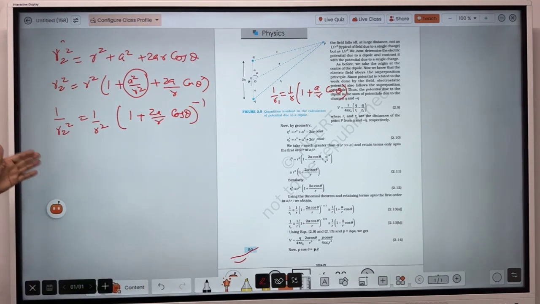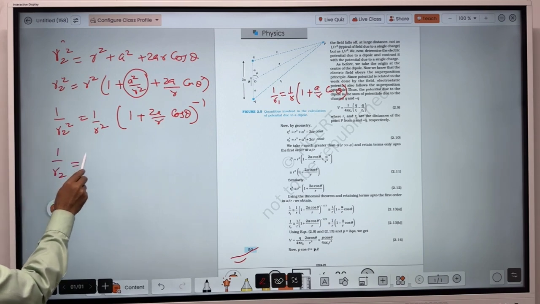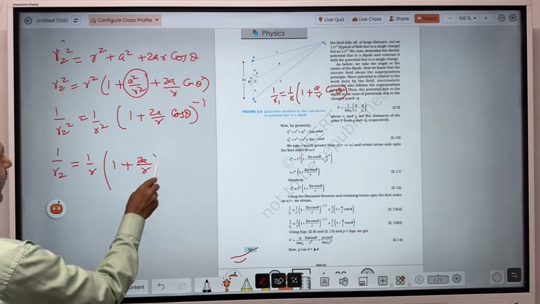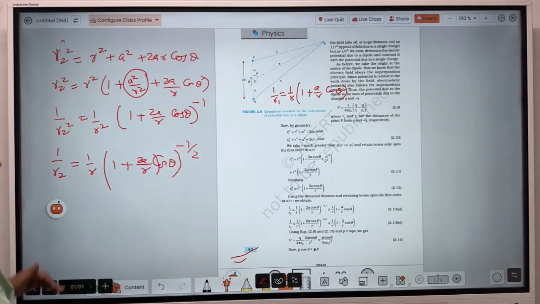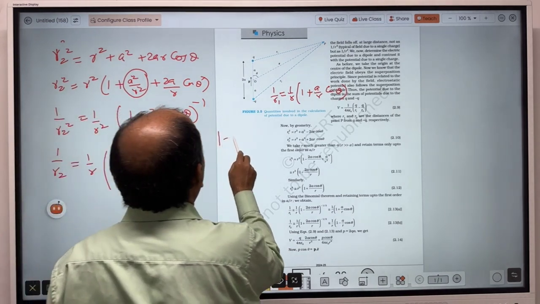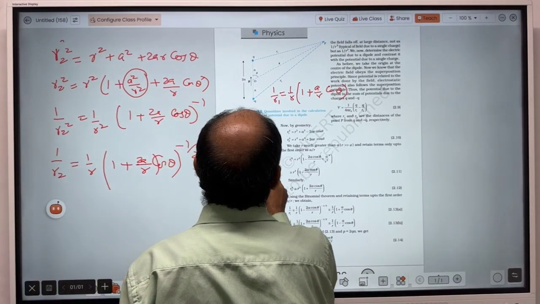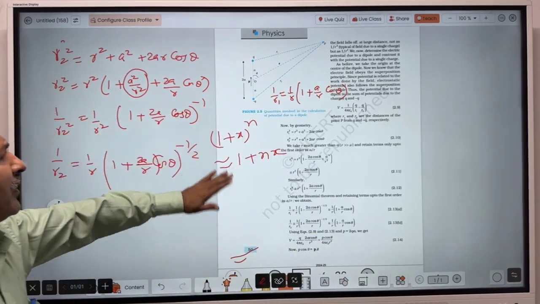And we take square root. So 1 upon r2 will be 1 upon r times 1 plus 2a upon r cos theta whole power minus half. Then we apply binomial theorem. As I told you, 1 plus x power n is roughly equal to 1 plus nx, for physics purpose; later on in mathematics we will go in detail.